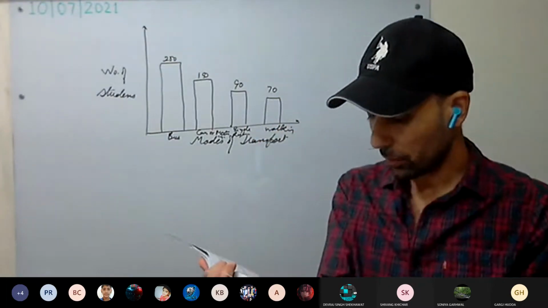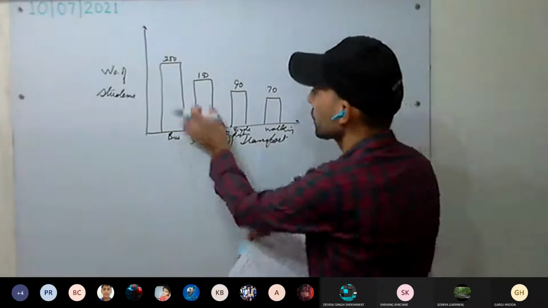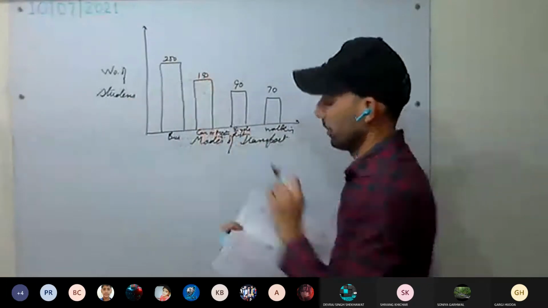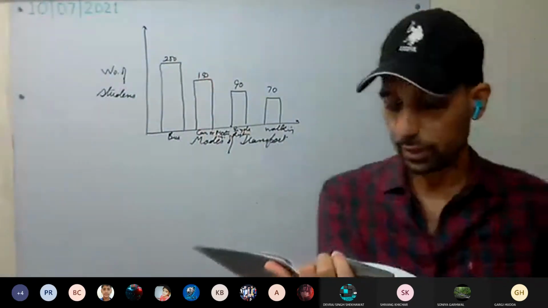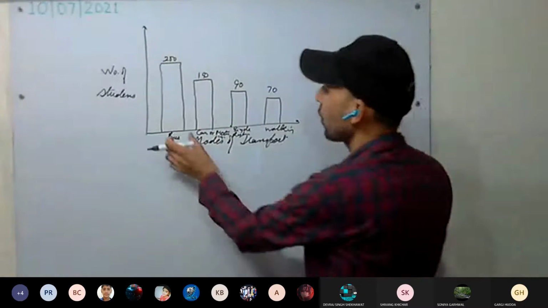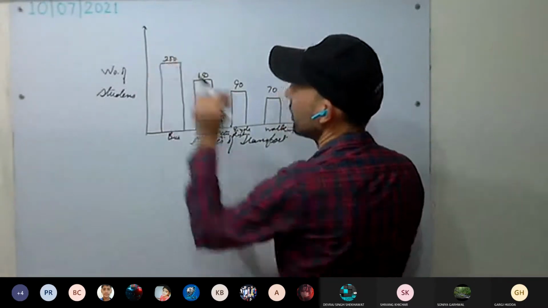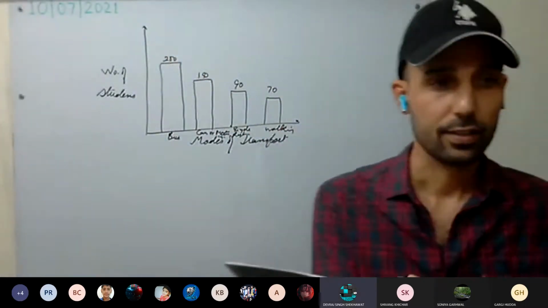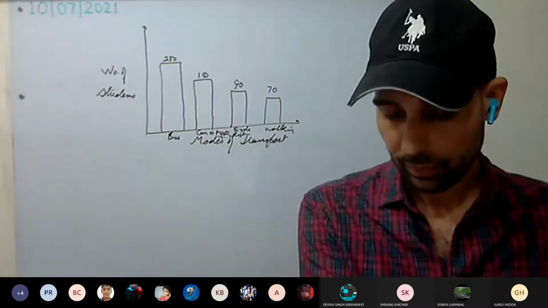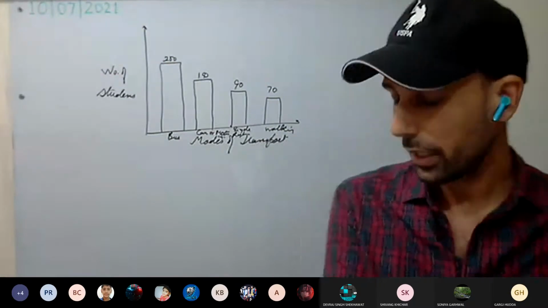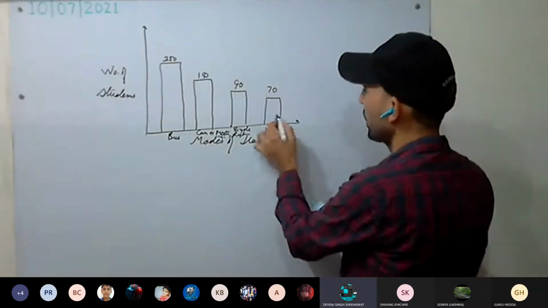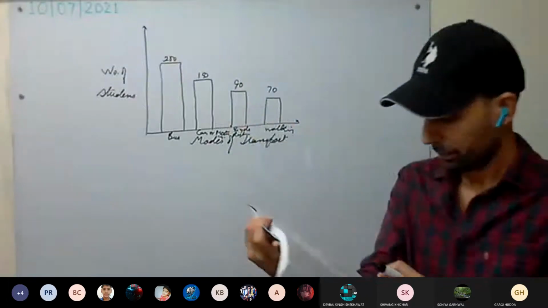How many students come to school by car or motorcycle? It's 150. How many students travel by bus? 200. How many students prefer walking? 70.